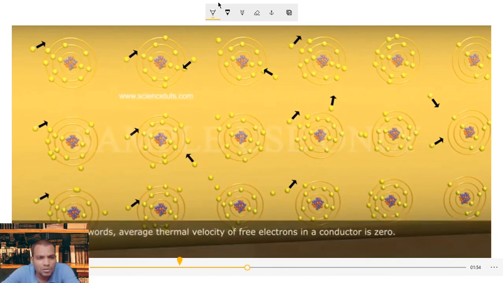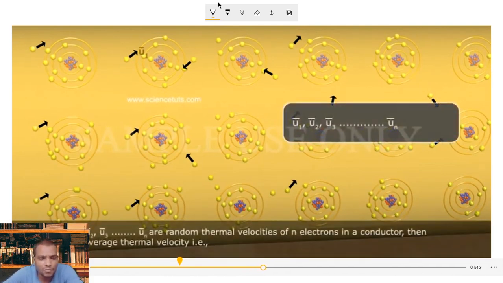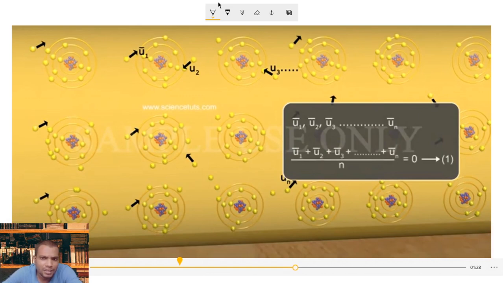So the current contribution in this case will become 0 because they are not moving in one particular direction. If we calculate their average velocity, the total average velocity in this case will be 0 because they are moving in random directions. They won't contribute any velocity.